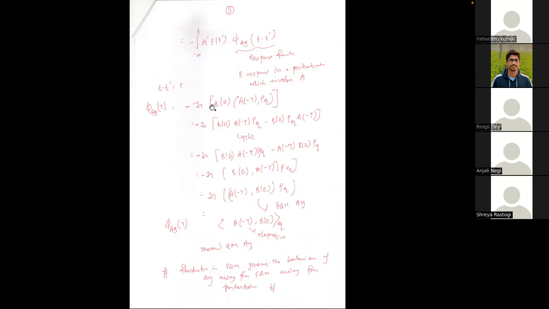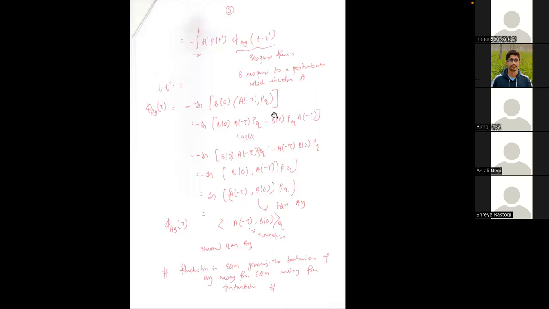You can see we can write this as b of 0, and then this trace. Expanding these terms, you have these two terms. Using the cyclic rule of the commutator, we can bring a of minus t to here.